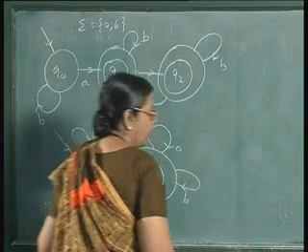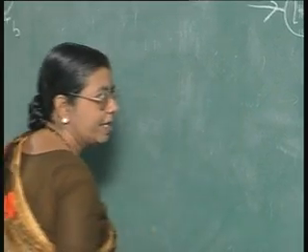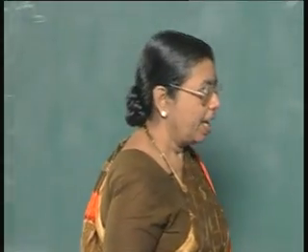How do we go about reducing the number of states? But before that, we need some definitions of equivalent states and so on.